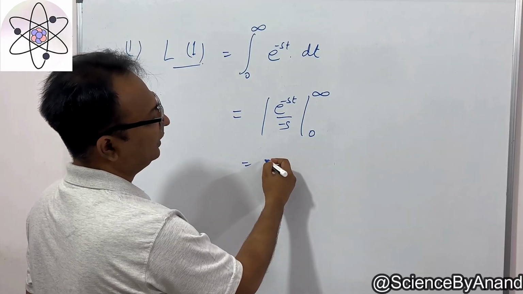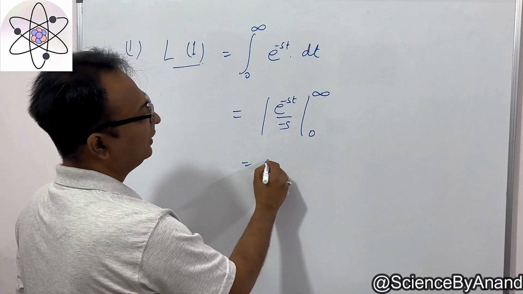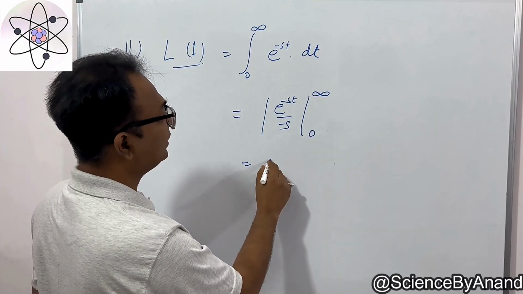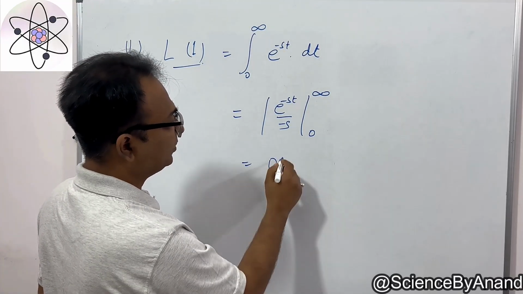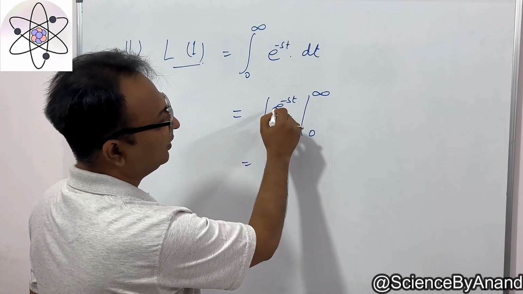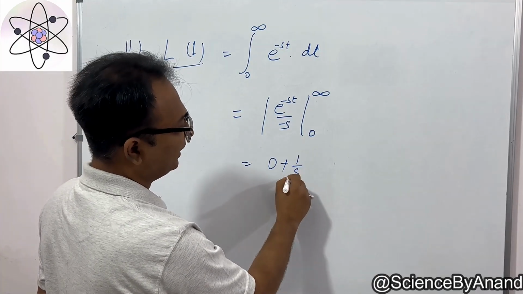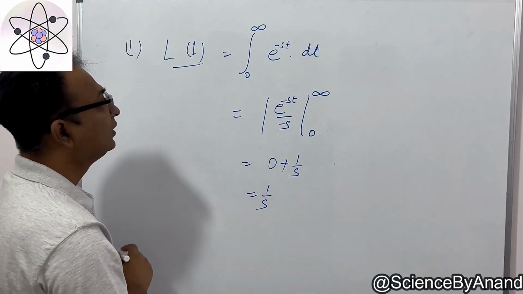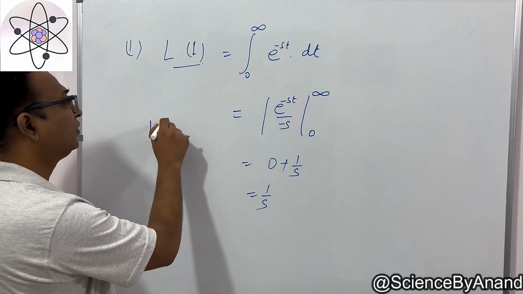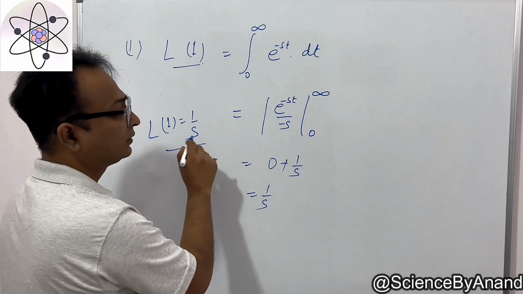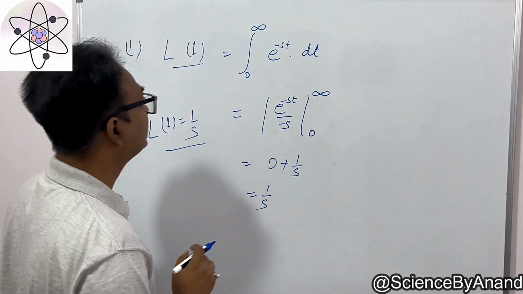When we apply infinity, this will be 1 by e to the power s infinity, that is 0, minus minus plus 0. So this will be 1 by s. Therefore, Laplace transform of 1 is 1 by s. Learn it by heart.